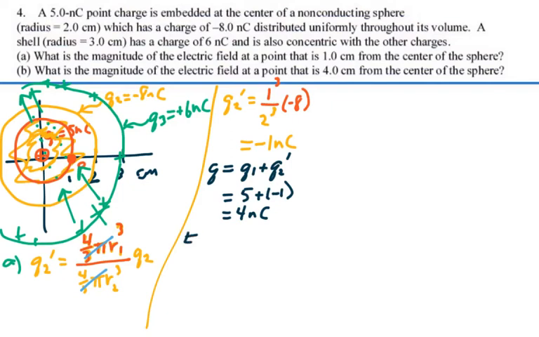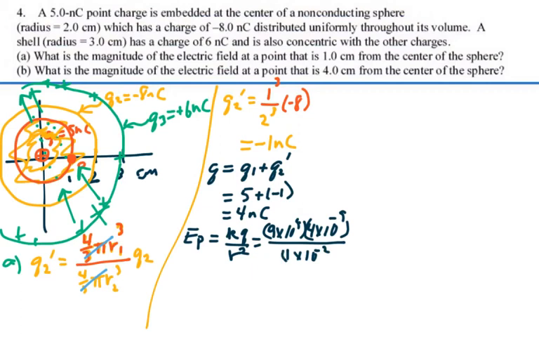So our E field at point P is going to be equal to this kq over r squared, where we're treating all this charge as being located at the center. And so this would be equal to 9 times 10 to the 9 for k. We have 4 nanocoulombs, 4 times 10 to the minus 9 for our total charge. And our distance is 1 centimeter, 1 times 10 to the minus 2 meters squared from the origin. 10 to the 9, 10 to the minus 9 cancel out.